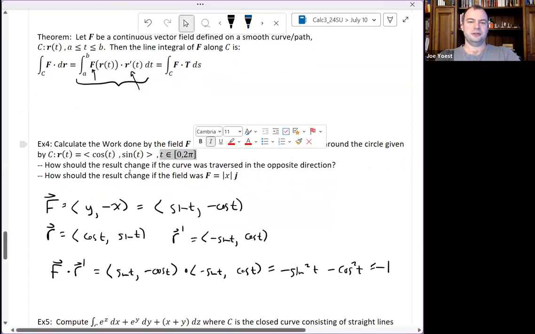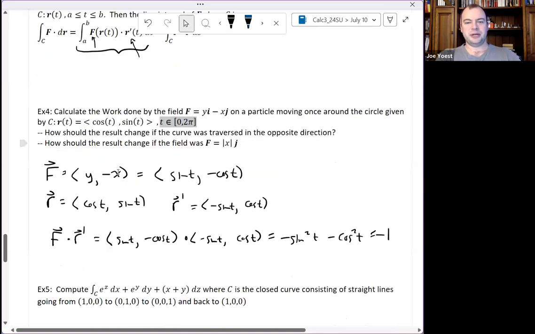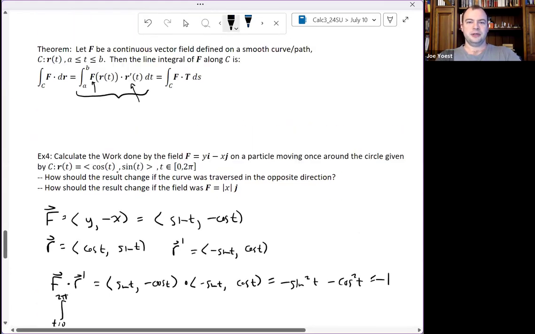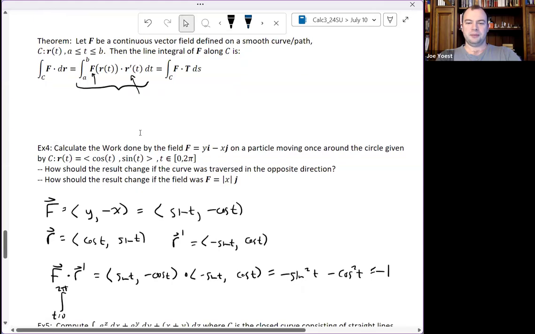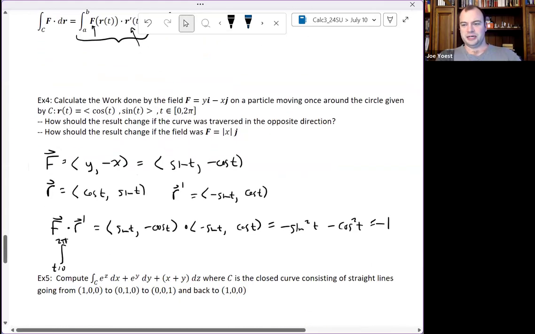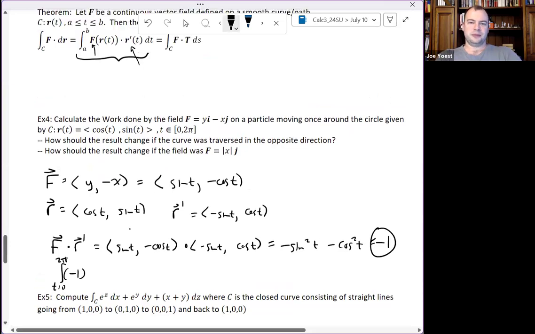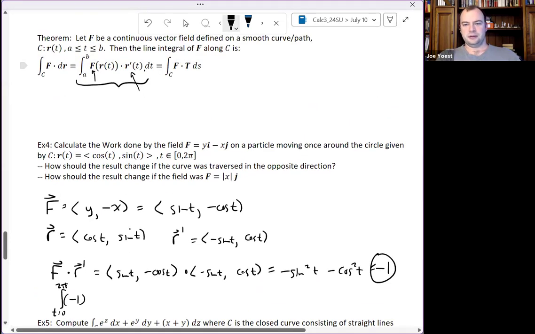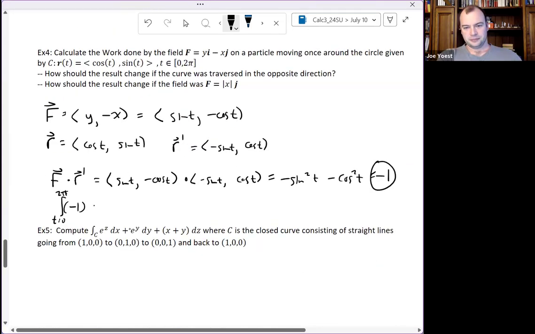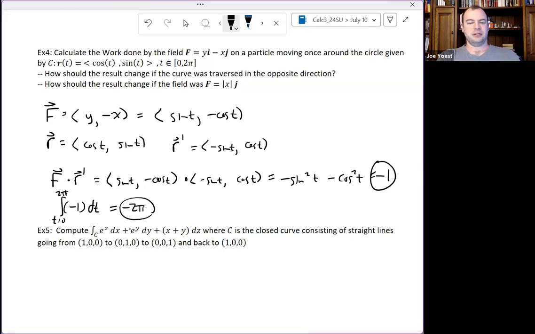It's the integral from t going from 0 to 2 pi of f of r dot r prime, but all of that just boiled down to just the constant -1 dt. Or that's just -2 pi.